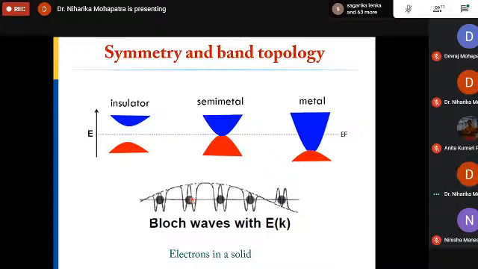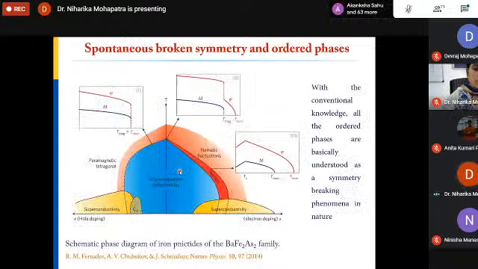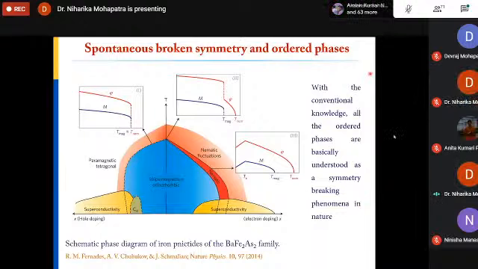The electronic states are defined by the simple Bloch waves, and then you calculate the dispersion relation and all that. Those things I will not elaborate. I will come to your simply transport. I will not elaborate on this slide either.